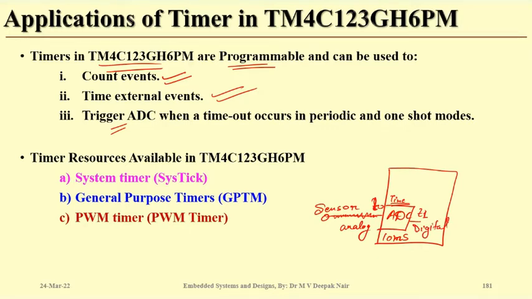The timer can then interrupt, activate the ADC, or generate events which read the ADC after every 10 milliseconds. So it can trigger the ADC whenever you need to change an analog value to its digital equivalent.